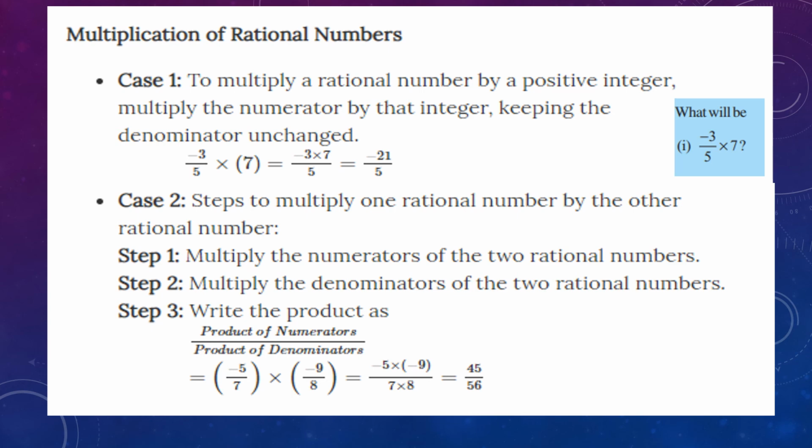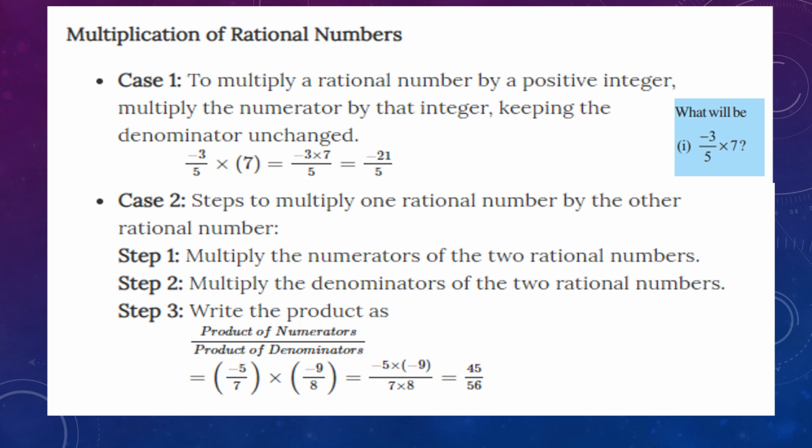Then write the product in the form of P by Q. That is product of numerators divided by product of denominators. For example, negative 5 by 7 to be multiplied by negative 9 by 8. Multiply the numerators together. That is negative 5 into negative 9 is equal to positive 45. 7 into 8 is equal to 56. Thus, we got the answer as 45 by 56.